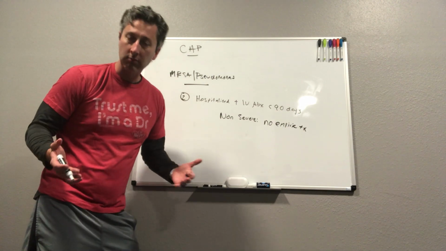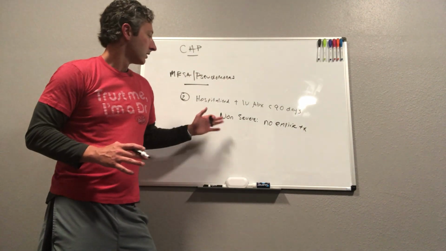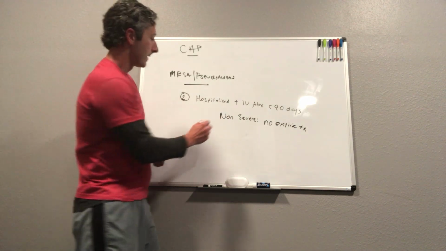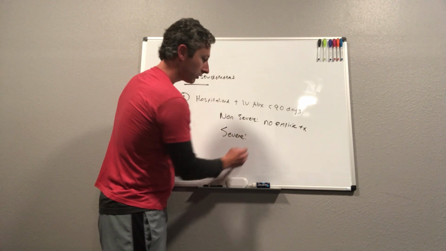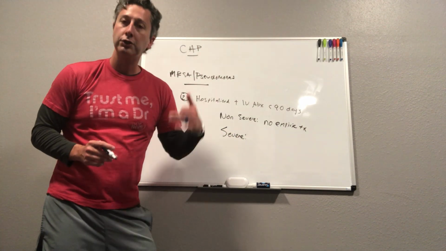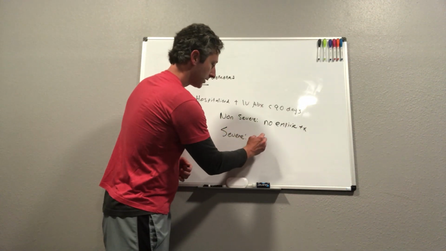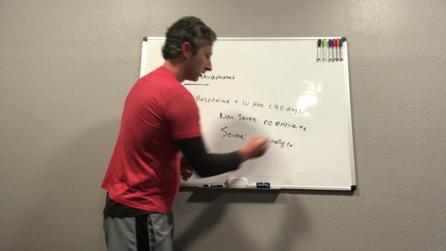So your sputum, right, you're seeing GNRs or in the sputum GPCs, right? If it's severe, you're still getting your blood cultures, your sputum gram staining culture, your MRSA nasal swab, and you're going to empirically treat.